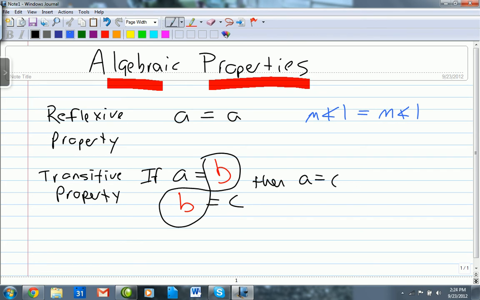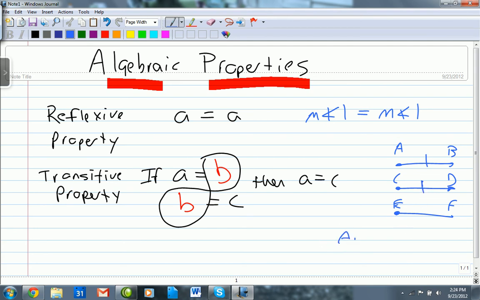Here's what that might look like in geometry land. Let's say you have three segments, 1, 2, and 3. Let's call this segment AB, this one CD, and this one EF. What if AB equals CD, the lengths?